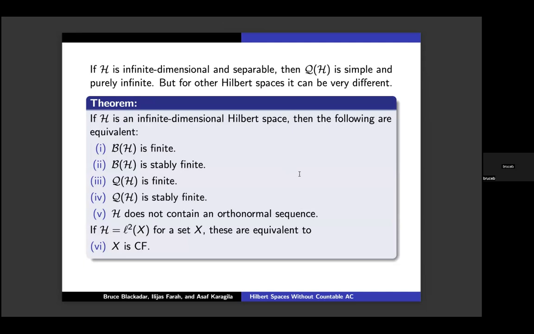It can even be stably finite. And we have some equivalent conditions that B of H and Q of H are stably finite if and only if H does not contain an orthonormal sequence. And if H has an orthonormal basis, it's L2 of X for a set X, these are equivalent to X being CF.